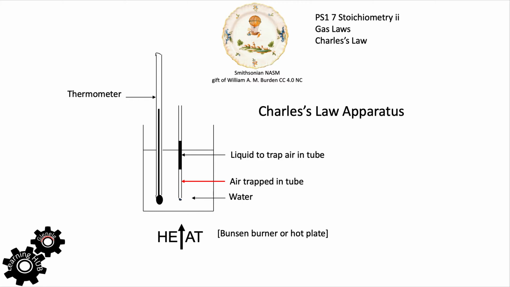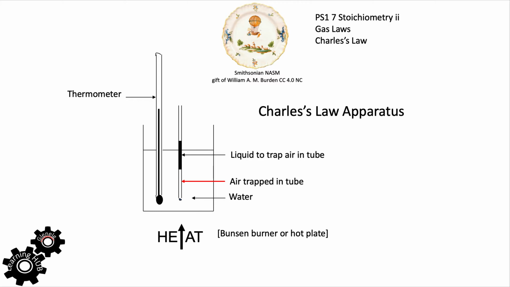So immersed in water again, because that water bath is going to provide the temperature for your measurement to take place. And you've got a melting point tube which has a liquid which traps the air in the tube. And your teacher would have prepared those for you.